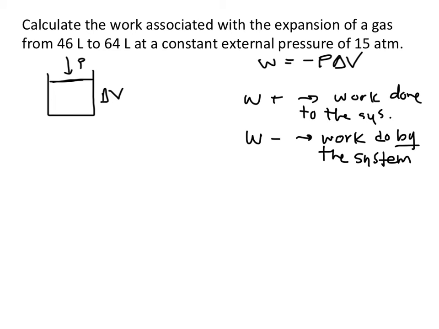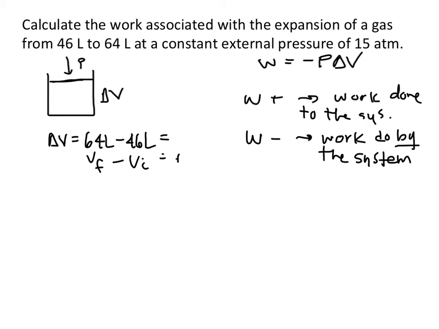So if we look at what they've given us, they've told us that we have a gas that's expanding from 46 liters to 64. So our delta V is going to be 64 liters minus 46 liters. We are going from a smaller volume to a larger volume, so our V final minus our V initial is going to give us a positive value.